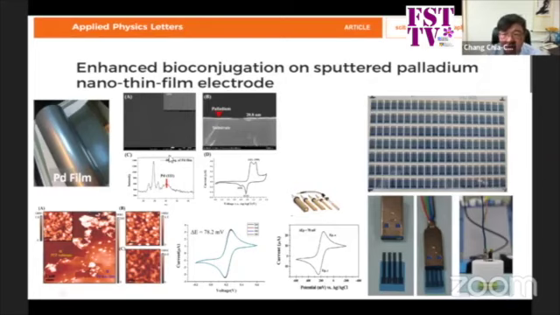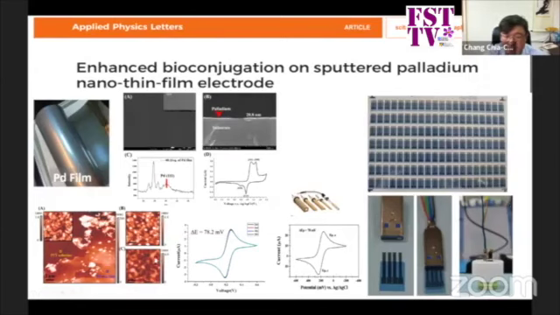You can see in this image it roughly seems smooth. However, enlarged by SEM, you can find there are a lot of nano islands on it, with a thickness of about 20 nanometers. XRD indicates that the palladium structure has a 111-like conformation, and AFM analysis also indicates that.